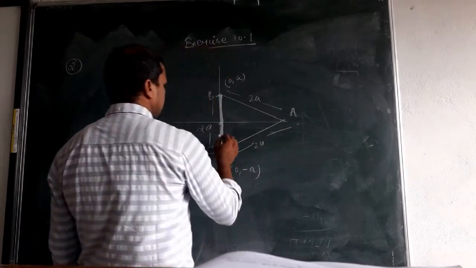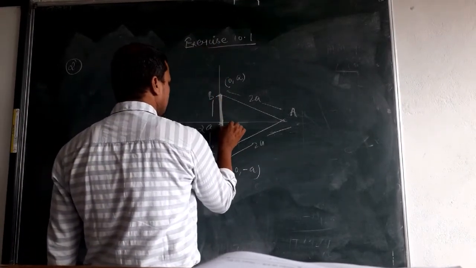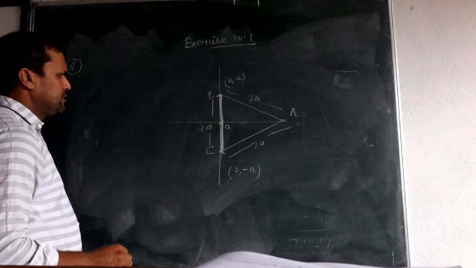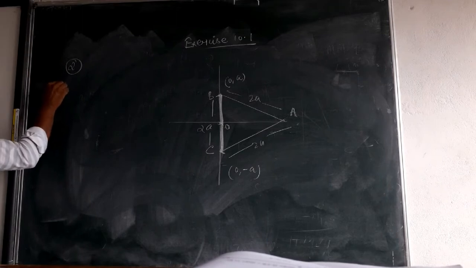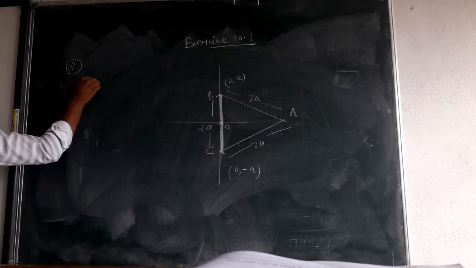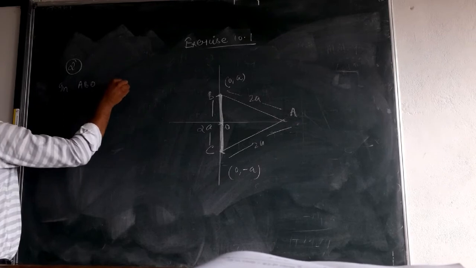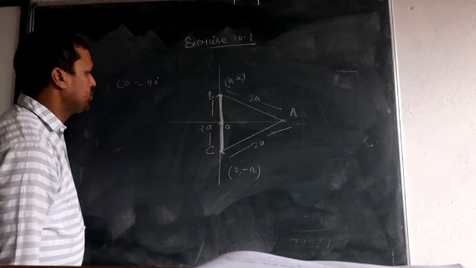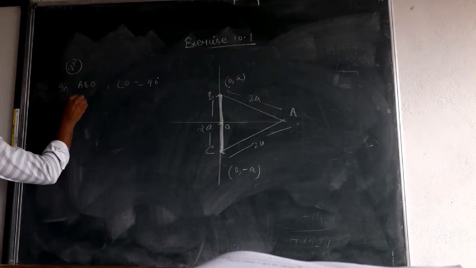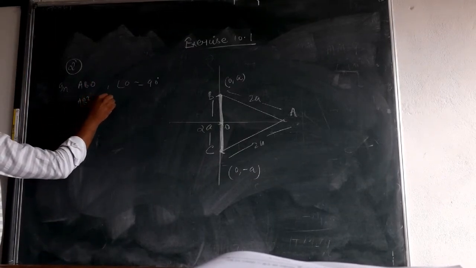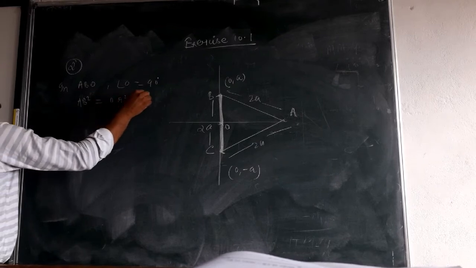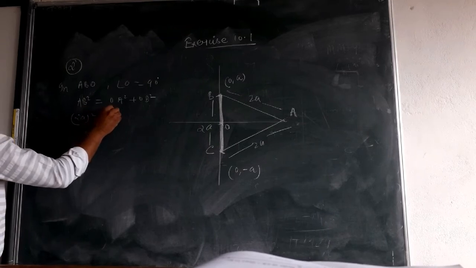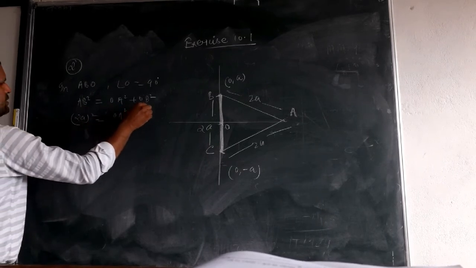Now, in triangle ABO, angle O equal to 90 degrees. It means you can use the Pythagoras theorem here. AB square equal to OA square plus OB square. So (2a) square equal to OA square plus a square. We need to find OA square.